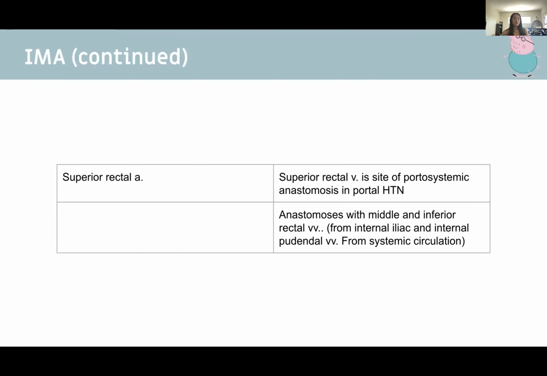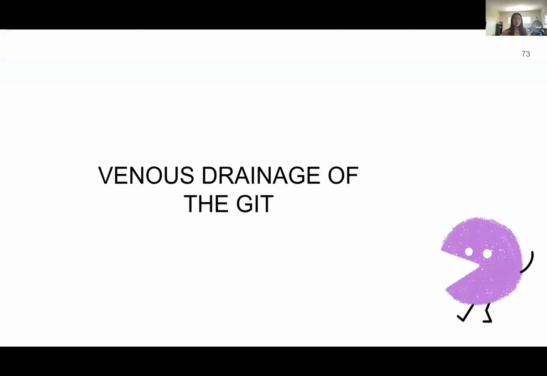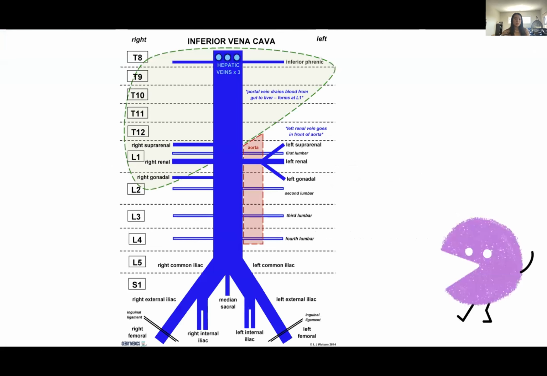When there's portal hypertension, blood won't actually go into the portal system because there's too much pressure there. But you'll still have blood flowing everywhere. It's just that there's a bit of a danger in that blood isn't going to the liver, so it's not being detoxified. Okay, but don't need to know much about it. Just a bit of extra information.